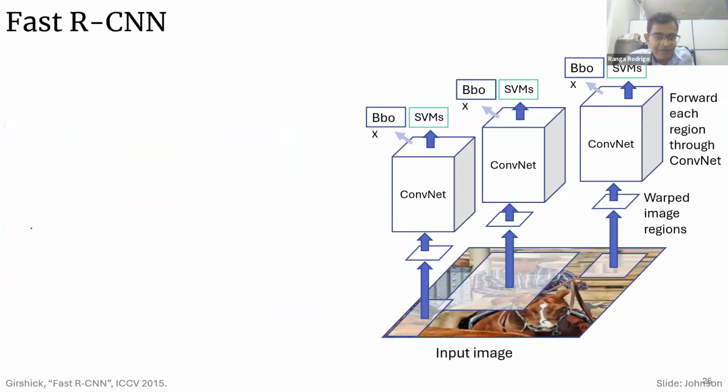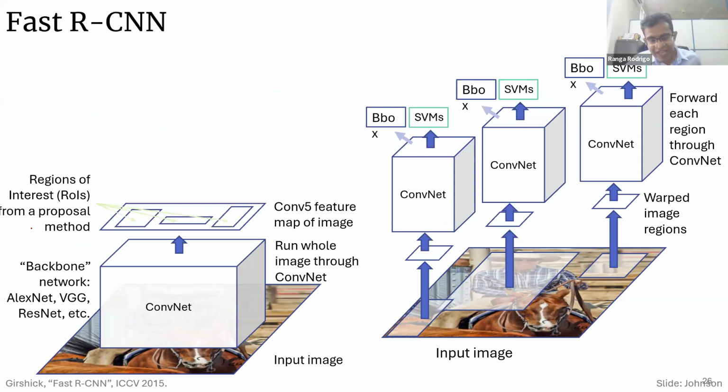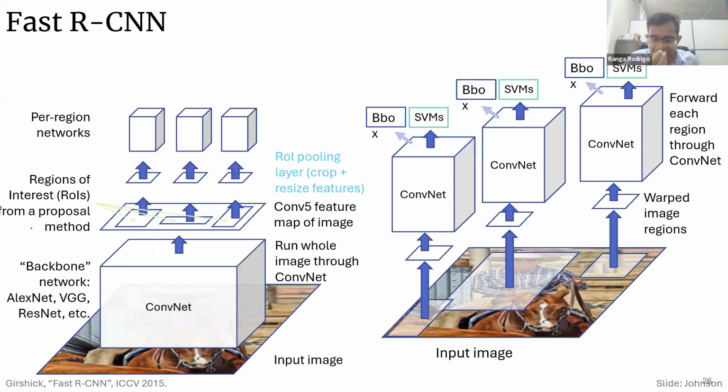Fast RCNN means running the convolutional neural network first, taking the features of the fifth convolutional layer, and on top of the region proposals, after adjusting the sizes, extracting the features. Then on those, run a very small CNN to get the class as well as the bounding box regression.